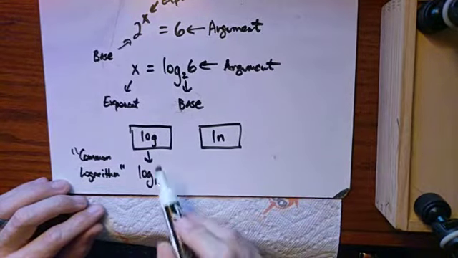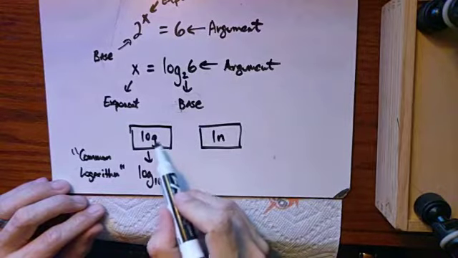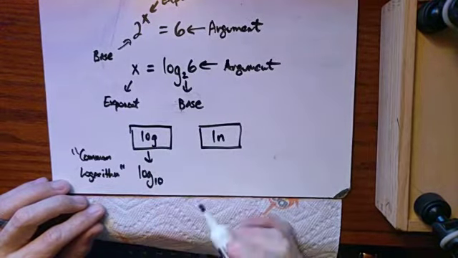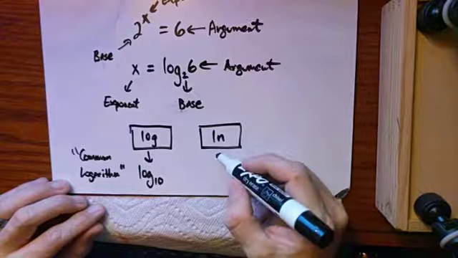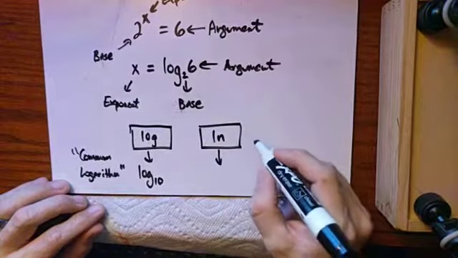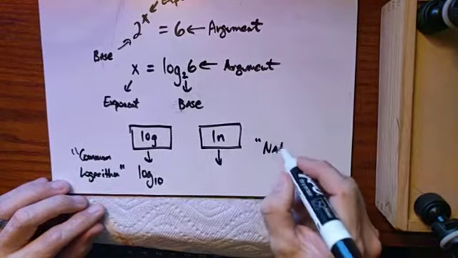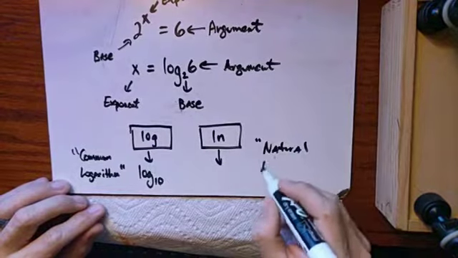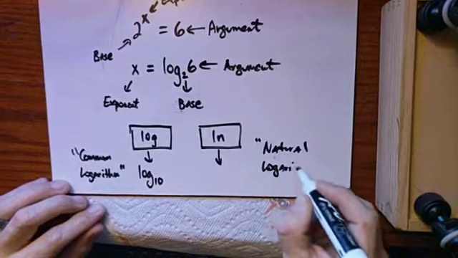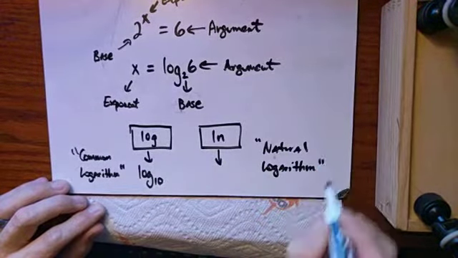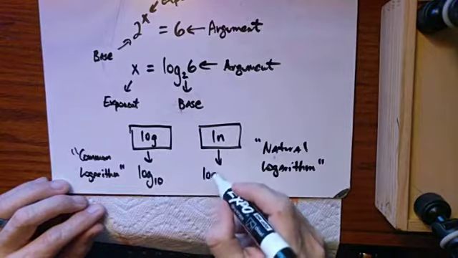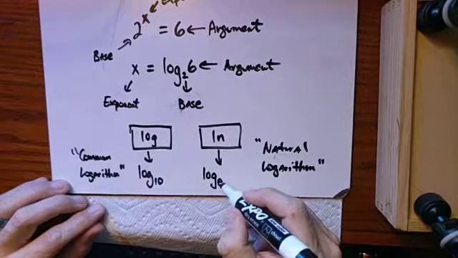It's so common, in fact, that if we just write LOG, it means that there's an automatic 10 for the base. All right, LN stands for the natural logarithm. And the natural logarithm is a logarithm whose base is e.